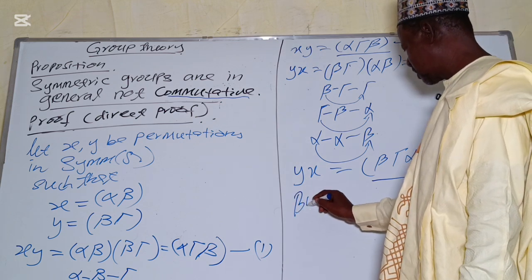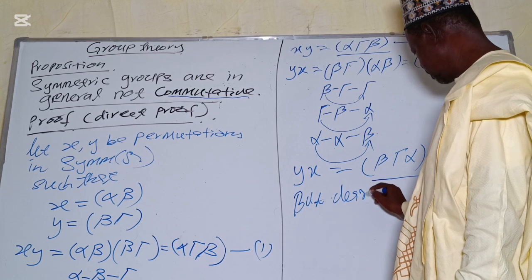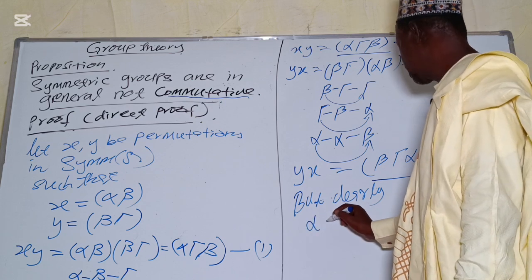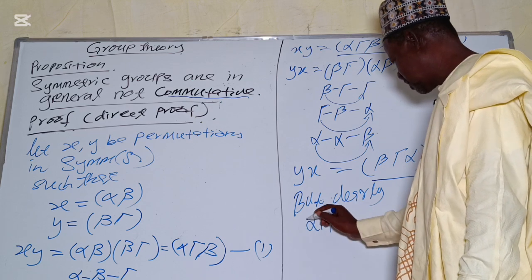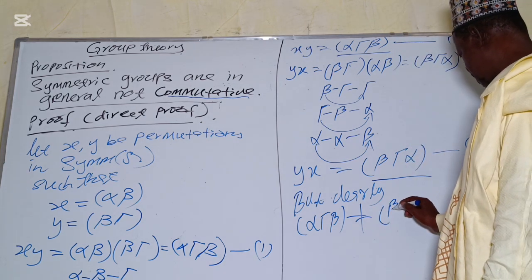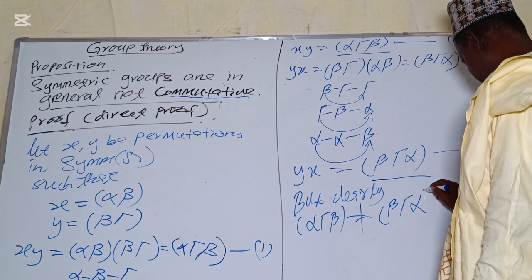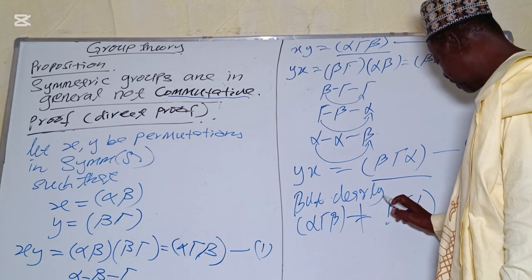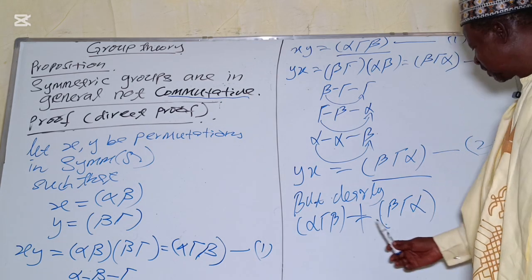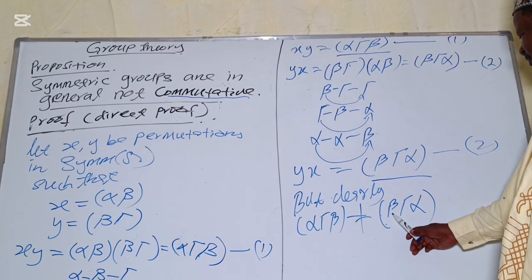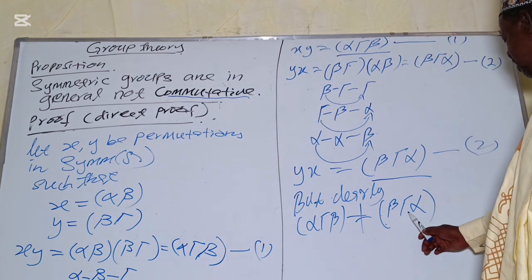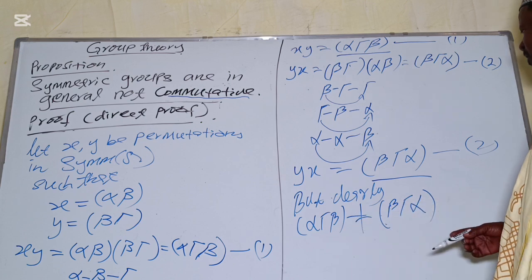But clearly the permutation (alpha gamma beta) is not the same as (beta gamma alpha). They are two different permutations because in the first one alpha is mapped onto gamma, in the second one alpha is mapped onto beta. In the first one gamma is mapped onto beta, in the second one gamma is mapped onto alpha. So there are two different permutations.